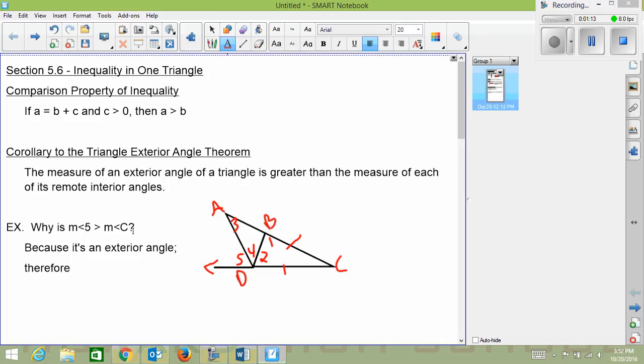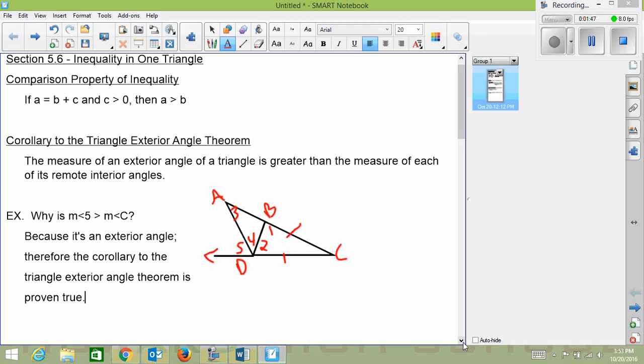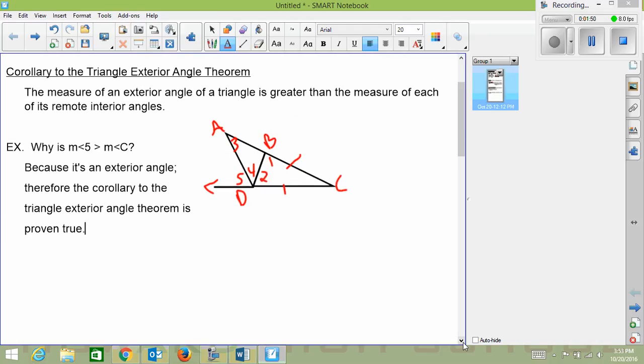Therefore, the corollary to the triangle exterior angle theorem is proven true. Again, we could just use the information that we learned from chapter 3 to figure this out as well. Because its two interior angles have to add up to be equal to the exterior angle, it would have to be greater than its remote interior angles, otherwise that would not work.